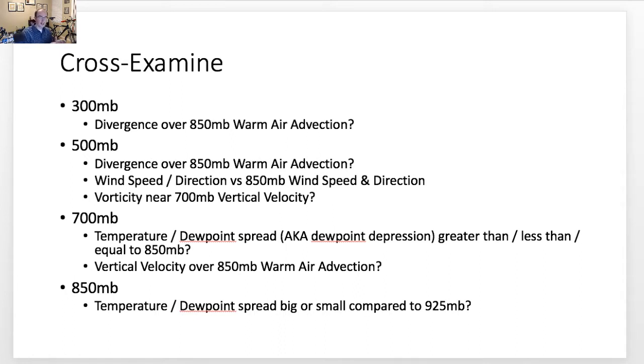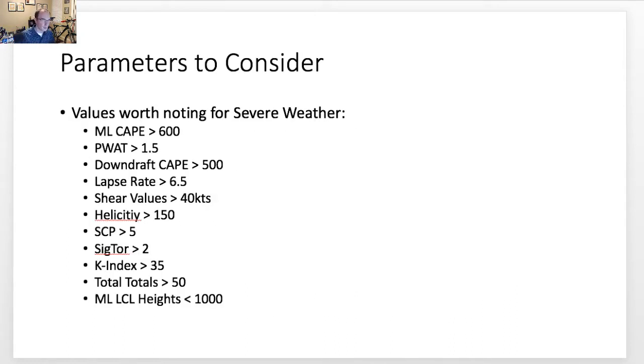Is there vertical velocity happening at 700 millibars in the same area over top of 850 millibar warm air advection? And down at 850, is the temperature dew point spread bigger or smaller compared to 925? You're basically looking top down and making comparisons and pulling out different data. You're cross-examining the data to double check and see what it is that you're looking for.